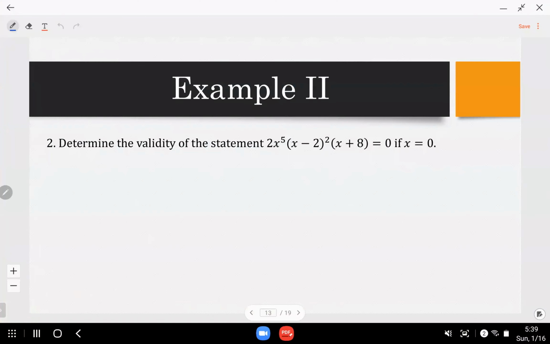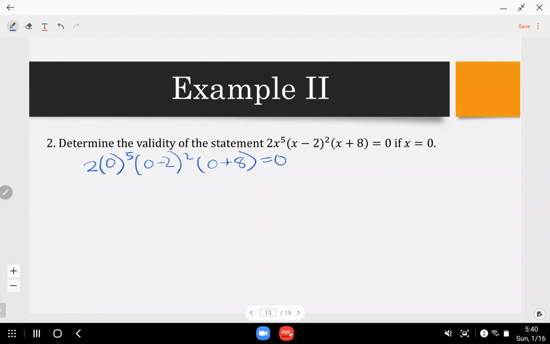We substitute in 0, right? So basically, we substitute in 0 for all the x's. We're going to have 2 times 0 to the 5th times 0 minus 2 squared times 0 plus 8. Now that it's all numbers, it's not that scary anymore.